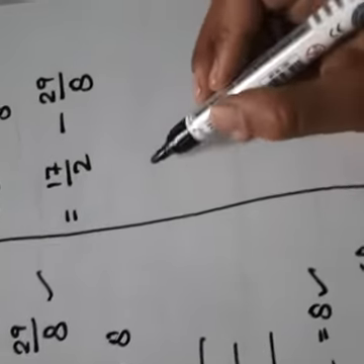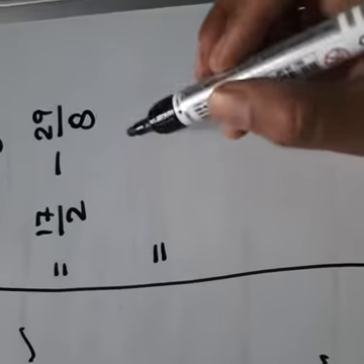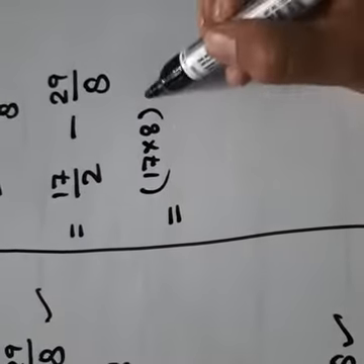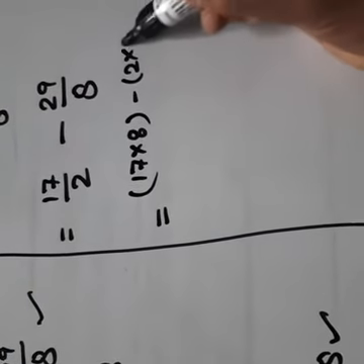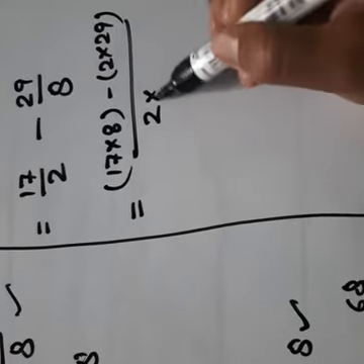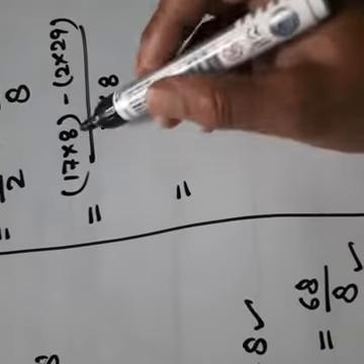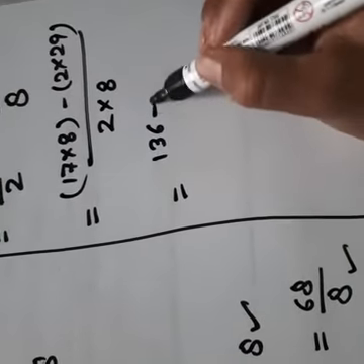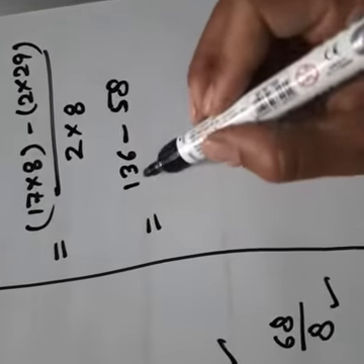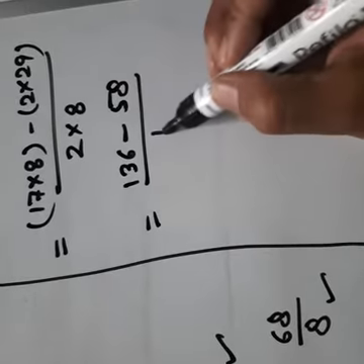This time you can do the same question by cross multiplication: 17 into 8 minus 2 into 29, and in the denominator you multiply 2 and 8. Now 17 into 8 is 136, minus 2 into 29, which is 58, and 2 into 8 becomes 16.